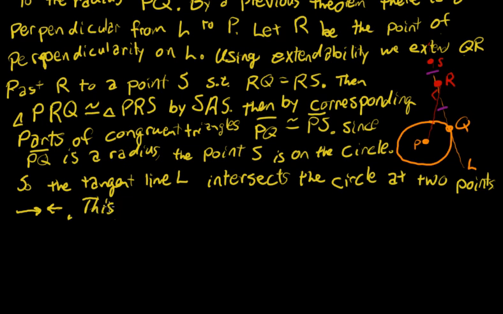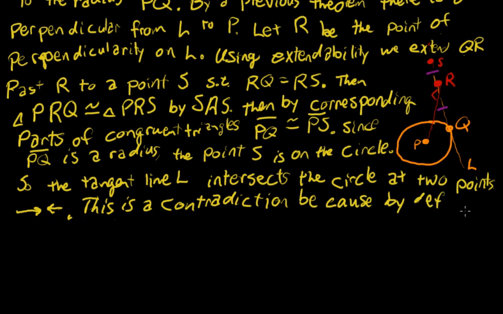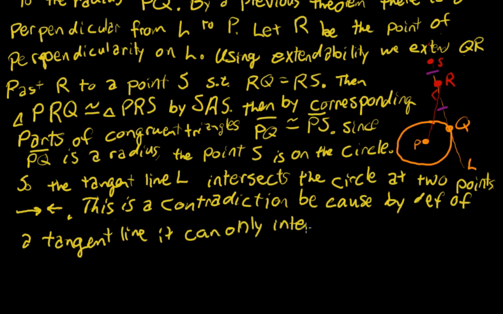So we'll say this is a contradiction because by definition of a tangent line, it can only intersect at 1 point.